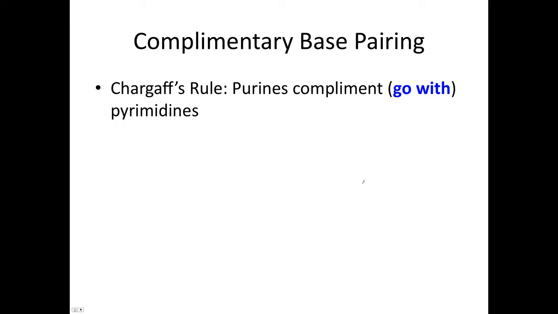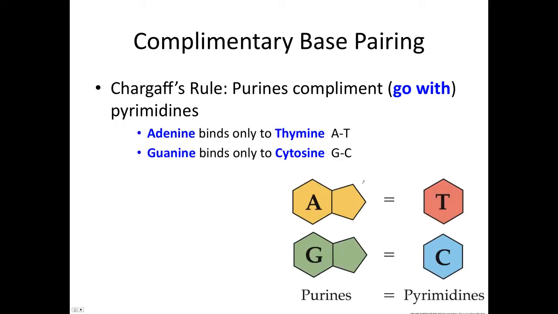Purines complement or go with pyrimidines, which means that adenine is only going to bind to thymine, and guanine is only going to bind to cytosine, because purines, which have 2 rings of carbon, and pyrimidines, which only have 1, need to match up, because you don't want the steps of the ladder to be thicker or thinner. You want each of them to be the same, so you want one big molecule or purine to match with one pyrimidine. So A always pairs with T, and G always pairs with C.